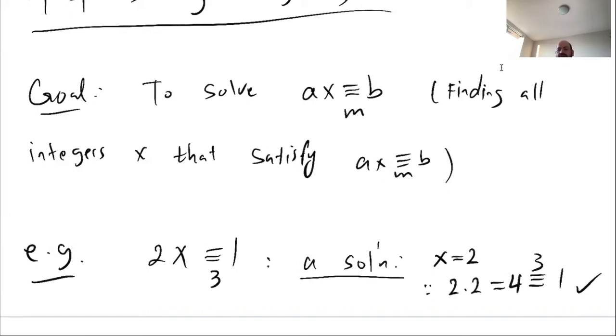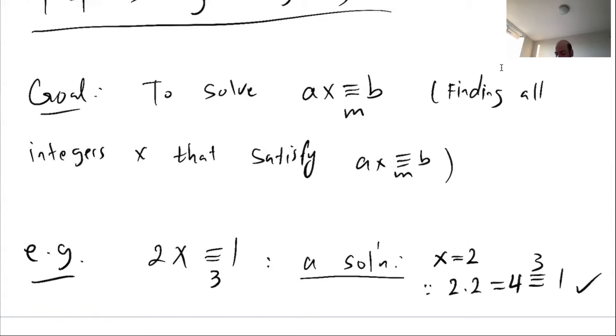Do you remember the definition of congruence? If we say A is congruent to B mod M, it means M divides the difference between A and B. So we at least found one solution, which is x equals 2.